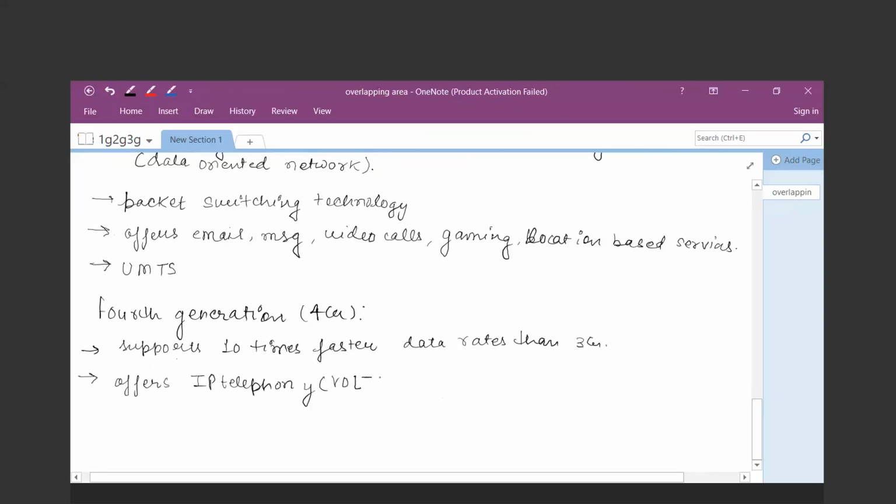So in your mobile phone, if you are using 4G, then one symbol is situated over the top of your signal, that is VoLTE. So that is called IP telephony. Perfect multimedia gaming and some HD services like high definition voice quality, high definition video quality, and also video conferencing.